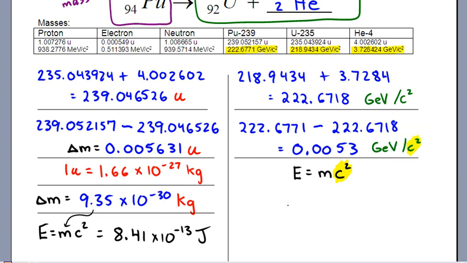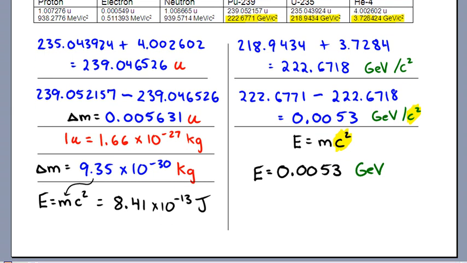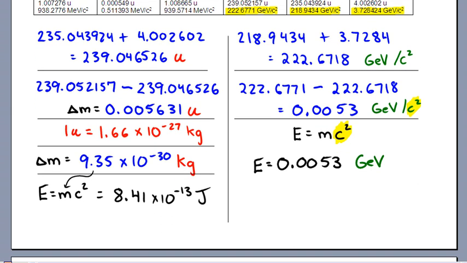Now we can just say, all right, the amount of energy involved in that story is going to be 0.0053. And it'll be just nothing but giga electron volts. So this is very, very common. You're going to see this, especially at university, where you don't always use joules. You don't always use the units that you're accustomed to.